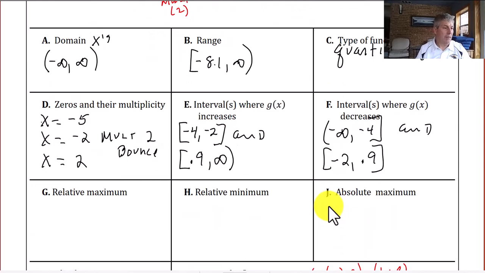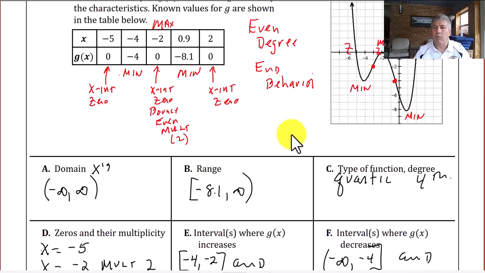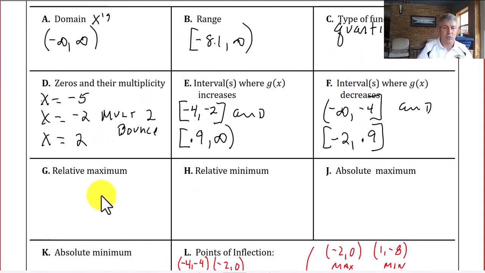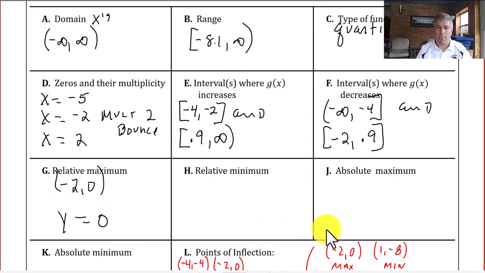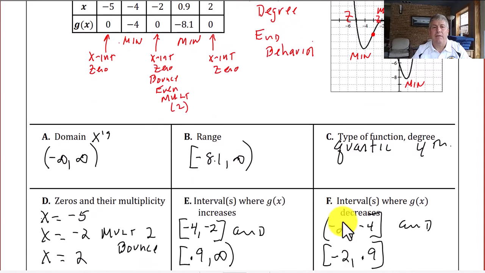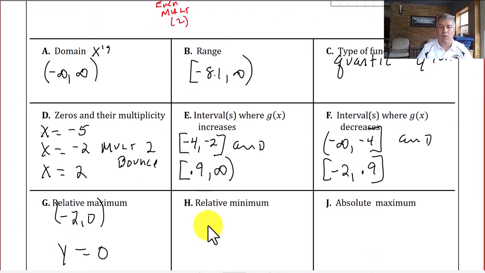Our relative maximum, I think we had a relative max at a y value of 0 and an x value of -2. So -2, 0 would be the ordered pair. Our relative maximum would be y equals 0. We had a relative minimum at -4, -4 at that ordered pair.